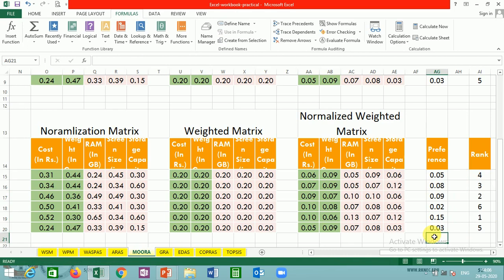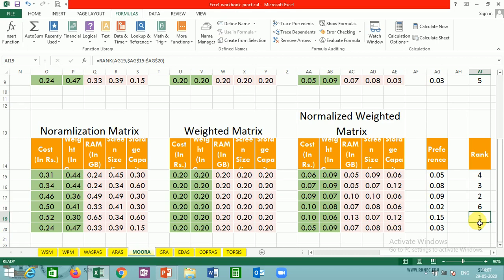So again, by the MOORA method, as with the methods we have learned till now, the first rank is assigned to alternative 5, the second rank to alternative 3, the third to alternative 2, the fourth to alternative 1, and the fifth and sixth ranks are shuffling their places with each other.